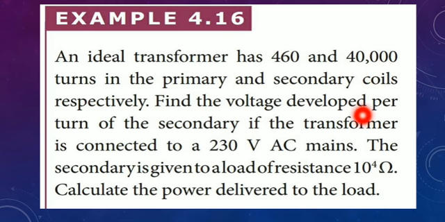Find the voltage developed per turn of the secondary coil if the transformer is connected to 230 volt AC. The secondary is given to a load resistance of 10 power 4 ohm. So we have to calculate the power delivered to the load.